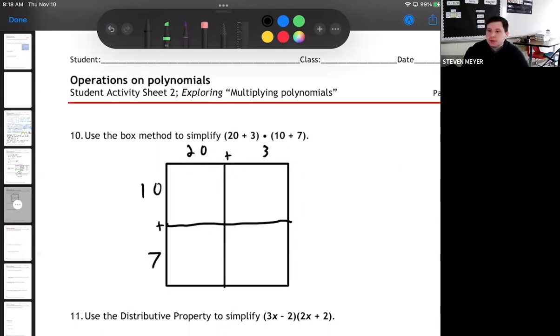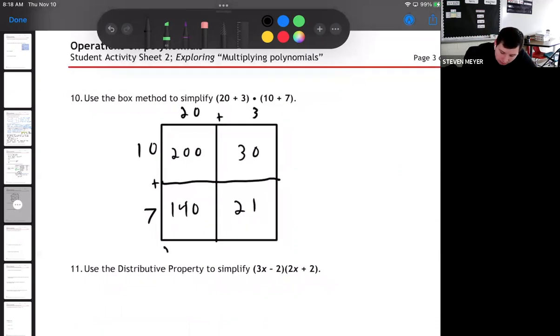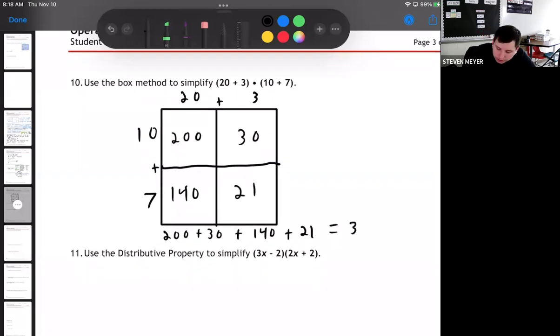And then I'm going to multiply those by each other to fill in the inside of the box. 10 times 20, 200, 10 times 3, 30, 20 times 7, 140, and 7 times 3, 21. And then we add all of these together, 200 plus 30 plus 140 plus 21 equals 391 feet squared.